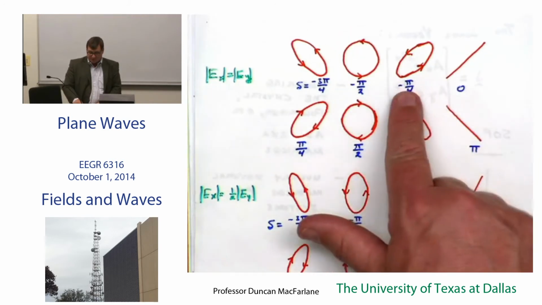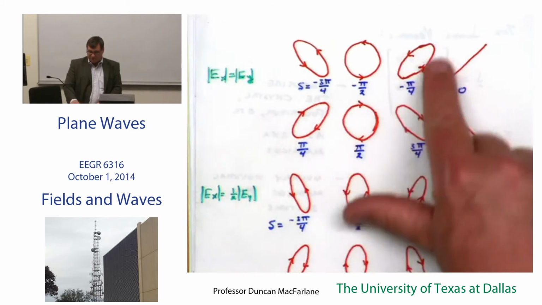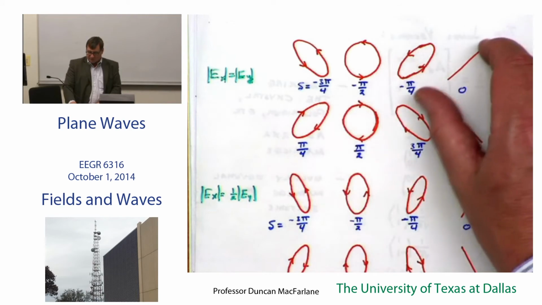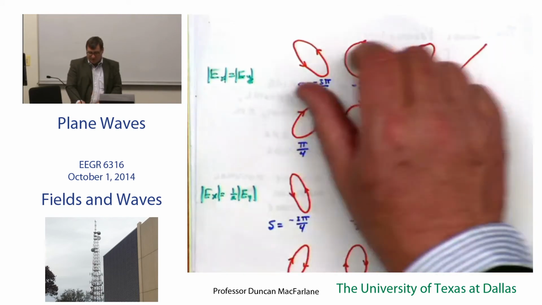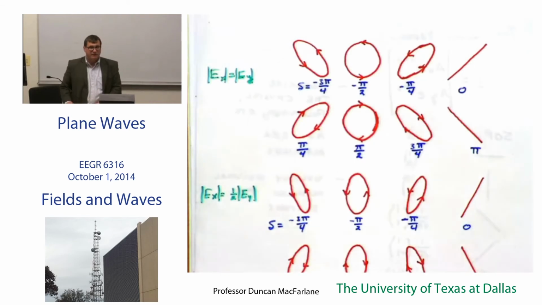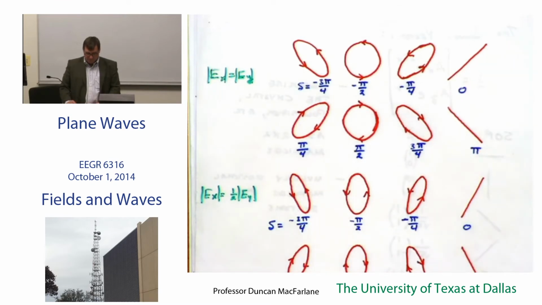You can see that between pi over 2 and 0, there's an ellipse that looks like this. So it's almost like this is opening up as I move through the phase shift. And then it's scrunching back down. And then keep going, and you come back to there.